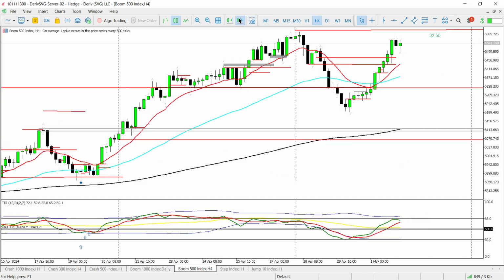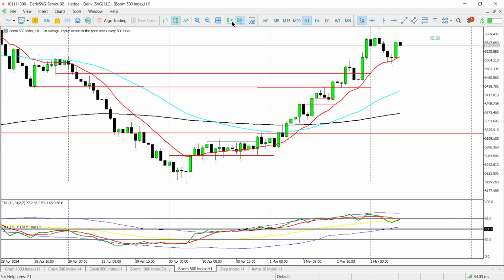On the 4 hour, it looks like we tapped into a fair value gap right here. So we could get price pushing from current market price, or they might just give a deep retracement like they always do for no reason, just to frustrate anyone who would have bought. So let's see on H1.